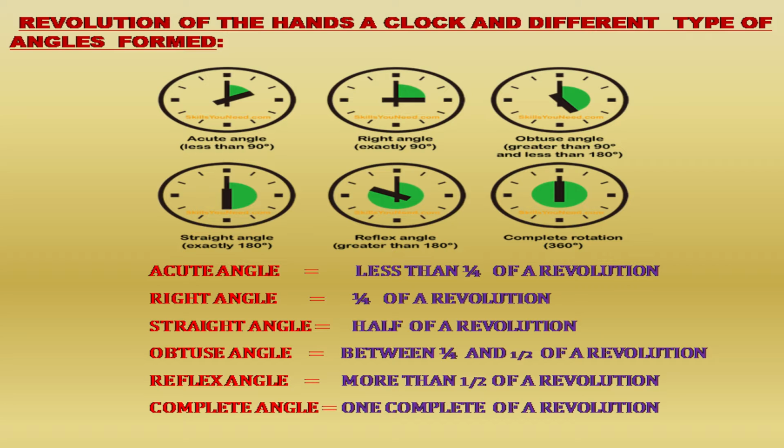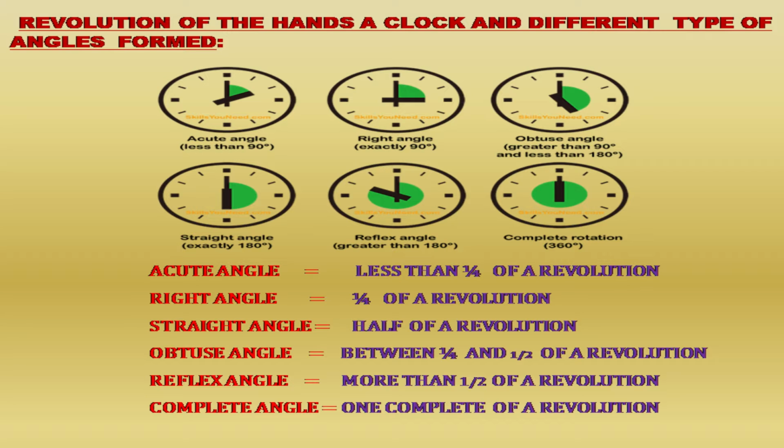So remember, when an acute angle is formed, the revolution will be less than 1/4 of a revolution. When a right angle is formed, it will be equal to 1/4 of a revolution. When a straight angle is formed, it will be equal to half of a revolution.